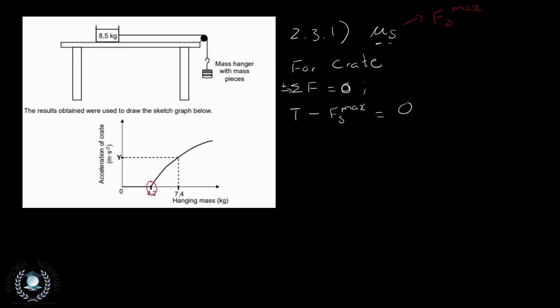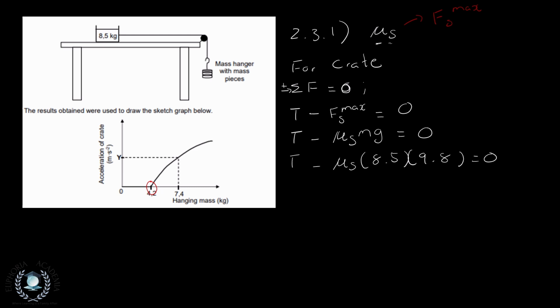There's no acceleration, no movement, and we don't know what our tension is equal to, but we can substitute our equation for maximum static friction, which is mu s multiplied by the normal force. Now the normal force is just the mass multiplied by the force of gravity. We're still trying to find mu s, and our mass is 8.5 kilograms, and our force of gravity is 9.8.